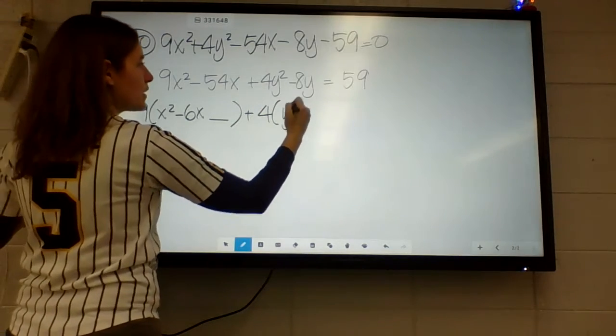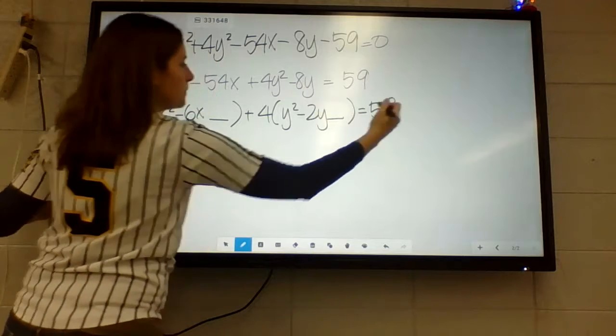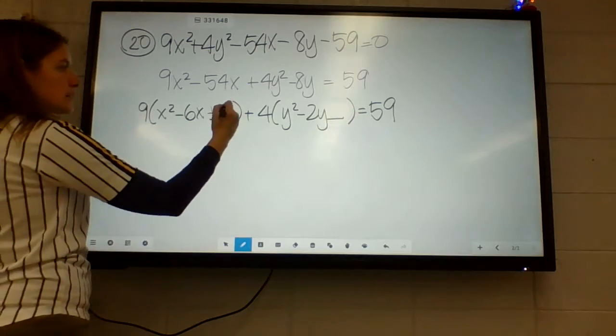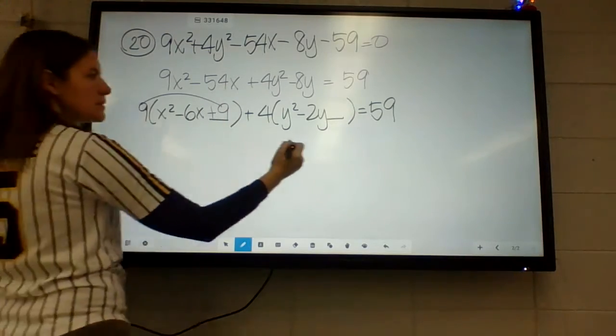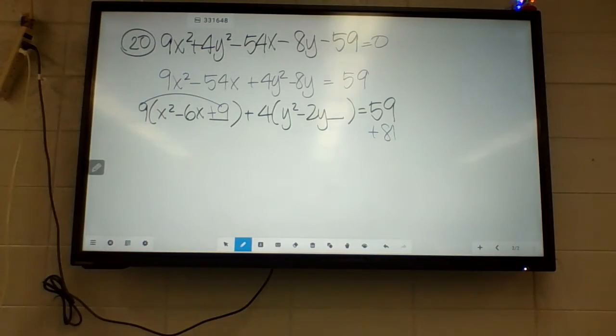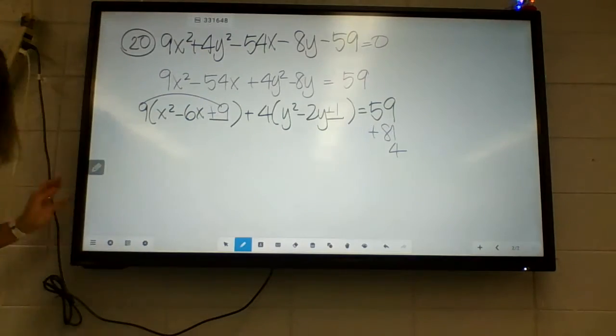Factor out the 4. Then I'm doing b divided by 2 squared. This is 9. So that means this is 81 over here. This is 1. So that means that's 4 over there.